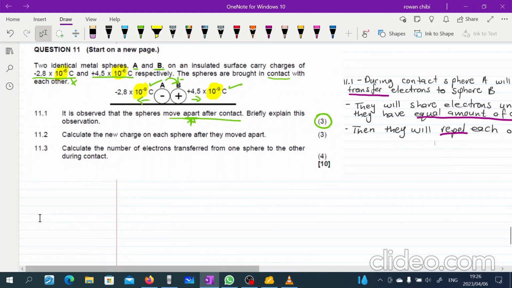Now 11.2 says now calculate the new charge on each sphere after they move apart. Now we want new charge, so let's quickly look at this. So we have here sphere A. Let me draw sphere A. So I'm gonna draw sphere A here.